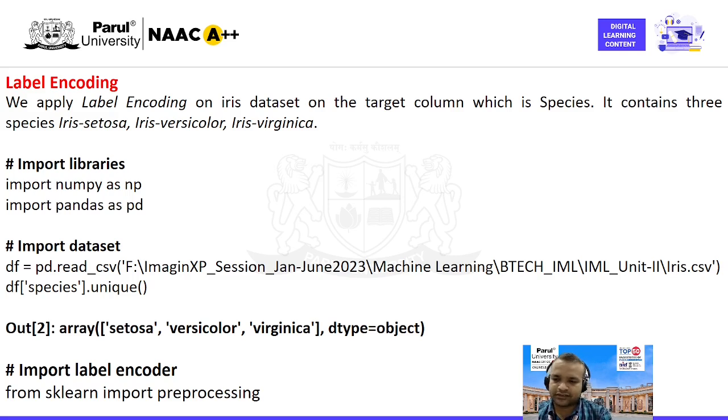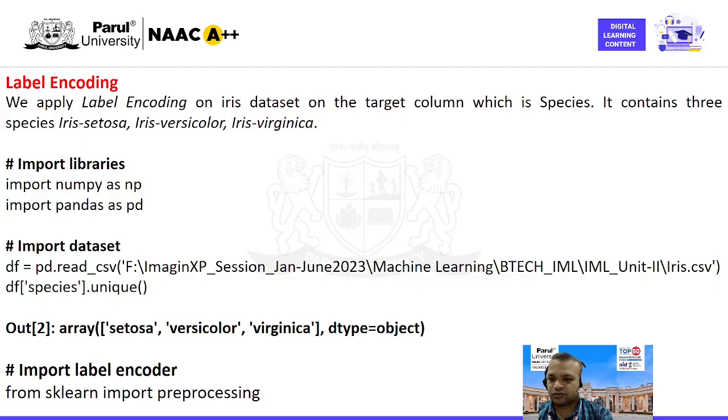We use the iris dataset, so just give the path of your iris dataset like this: df equals pd.read_csv. Under the F drive, you have a folder, machine learning, then IML unit number 2, then iris.csv. This is the path where your dataset is stored.